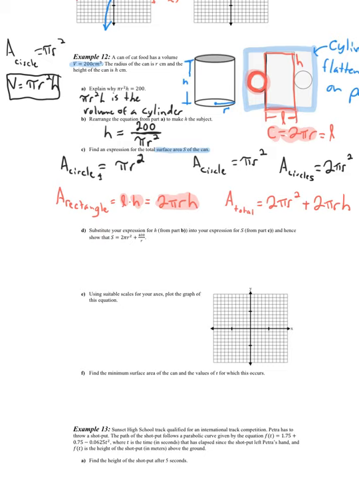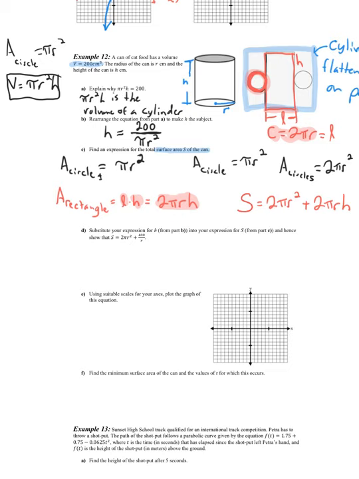What's going to happen now, though, is substitute your expression for h from part B into your expression for S, so your total surface area. I guess, yeah, we'll call it S instead of A, area of the total, just because that's what your textbook was doing. And then show that S equals 2 pi r squared plus 400 over r. So this is a show that.